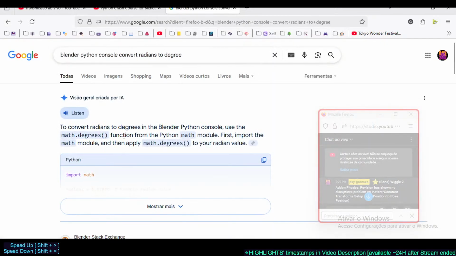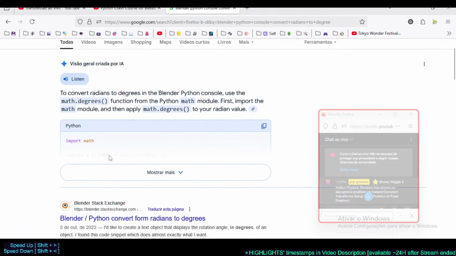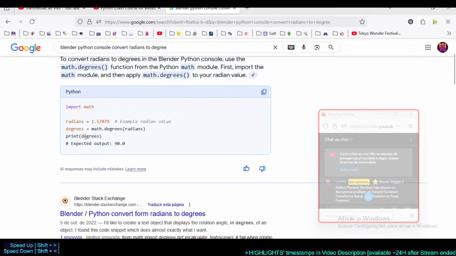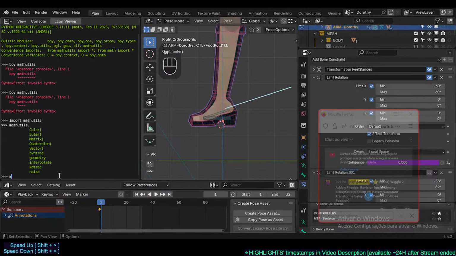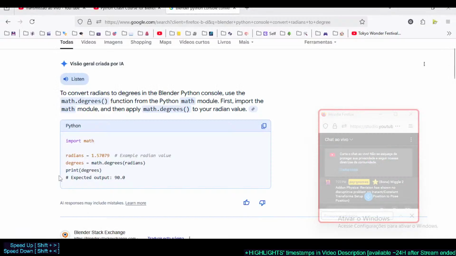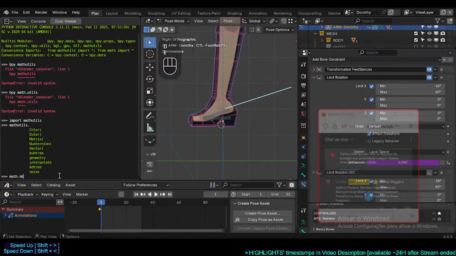Okay, use the math degrees function from the math module. Okay, import the math module. Okay, so it's just this or something. Okay, let's try that. What is the math degrees?